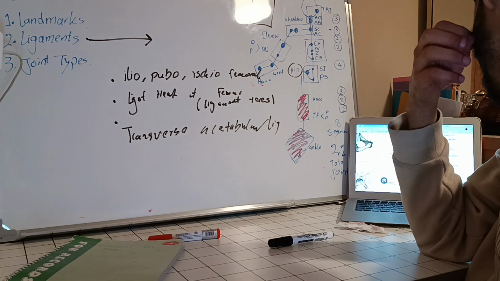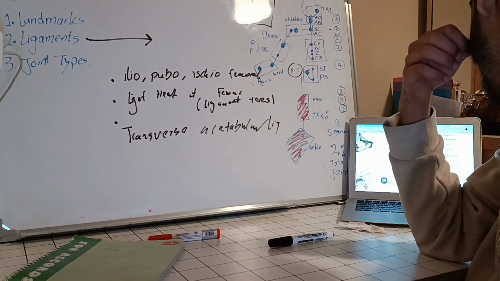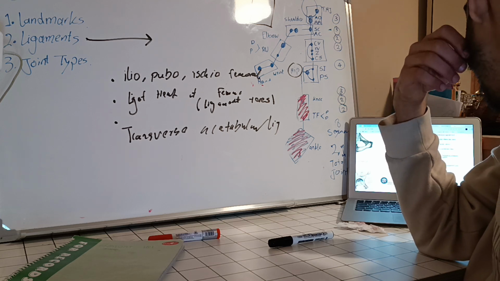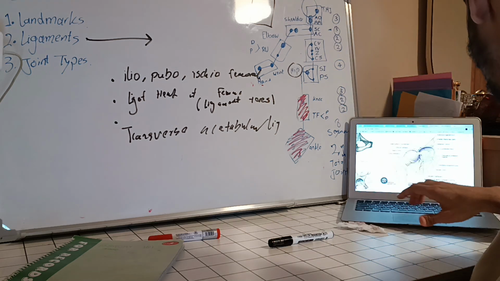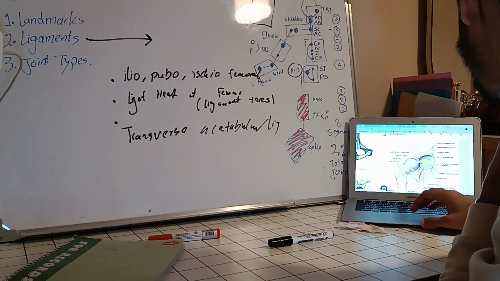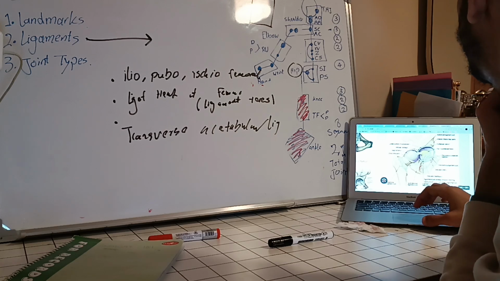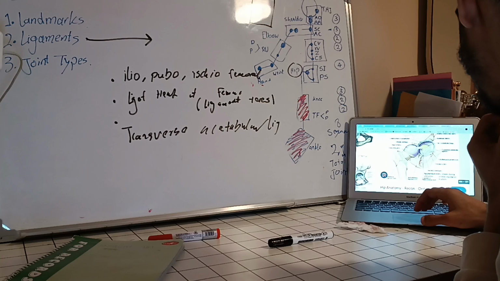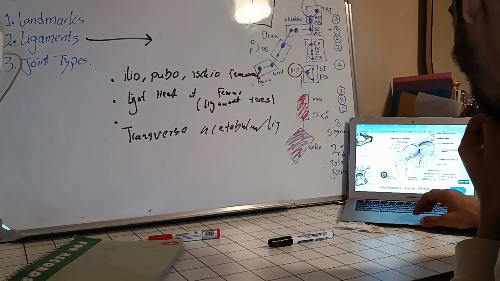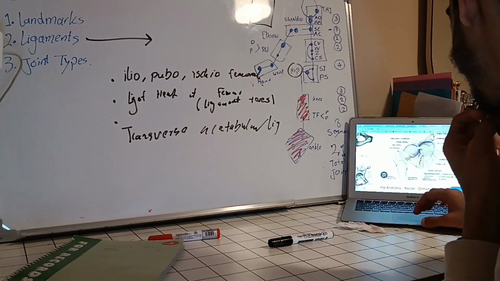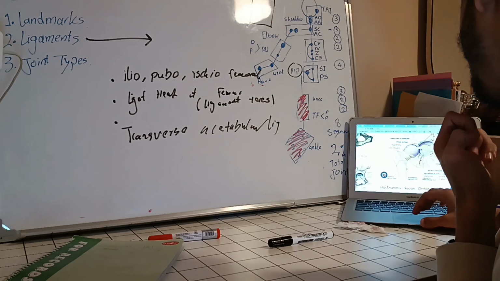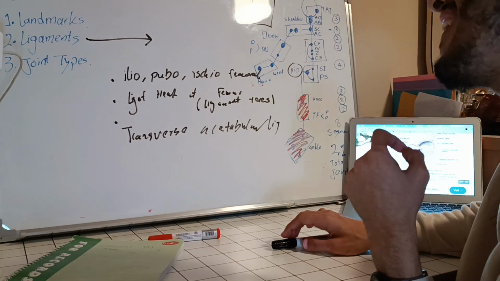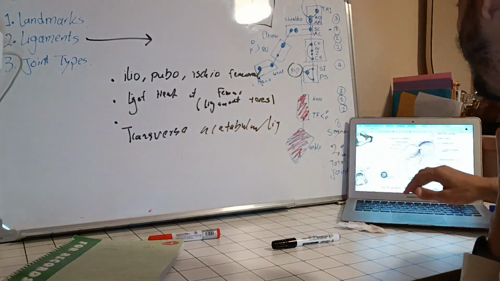And also we have three ligaments: the iliofemoral ligament, the ischiofemoral ligament, and the pubofemoral ligament.